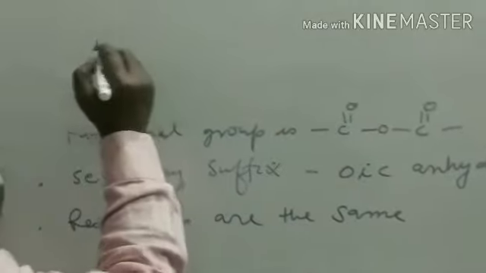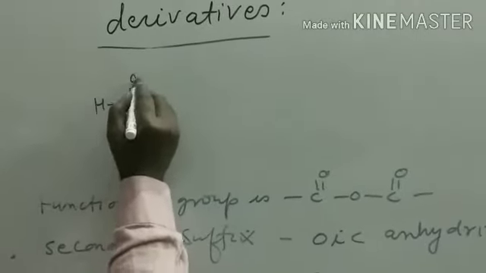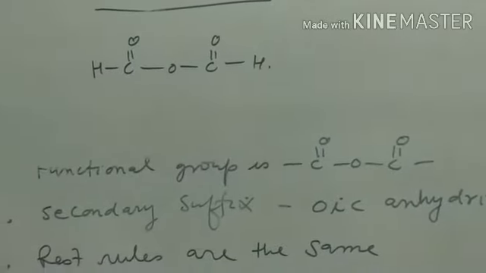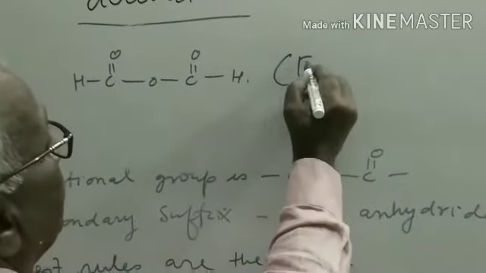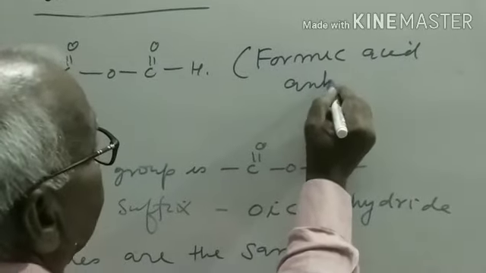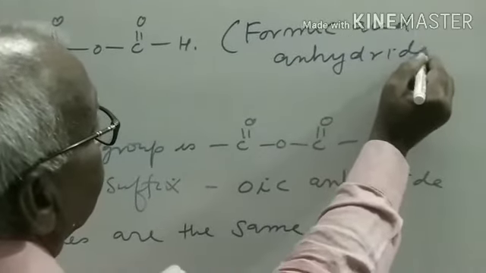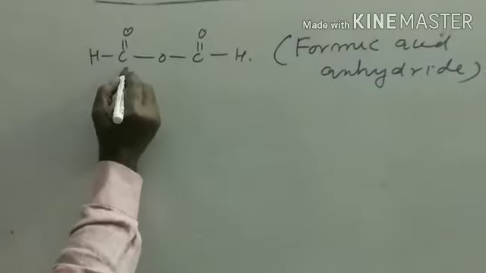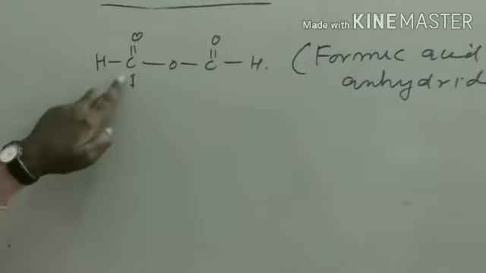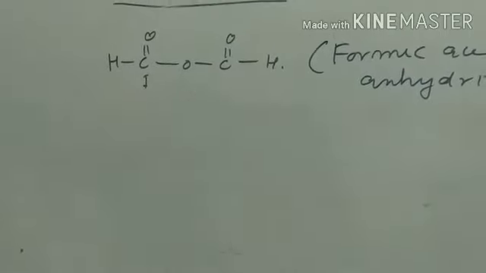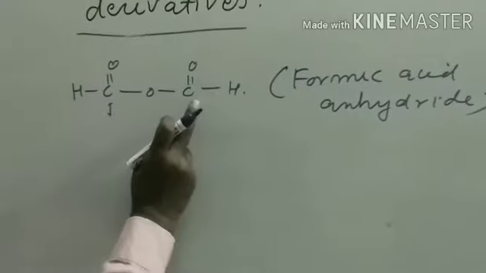See the example. This is the first anhydride, formic acid anhydride. Its common name is formic acid anhydride. Either this carbon is given number 1 or this carbon is given number 1, because the chain of the carbon is not continuous, so no matter.